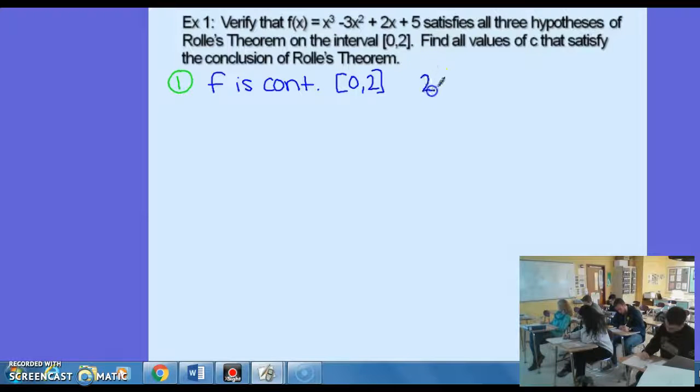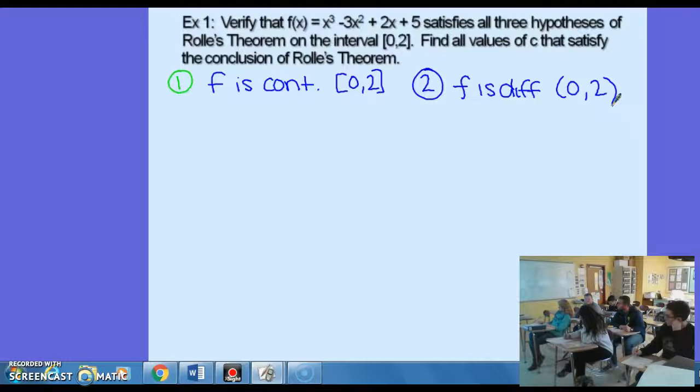Number 2, would f be differentiable on the open interval? So can we derive a cubic into a quadratic? Yeah. And it's going to be differentiable everywhere on that quadratic? Yeah. So f is differentiable from 0 to 2.